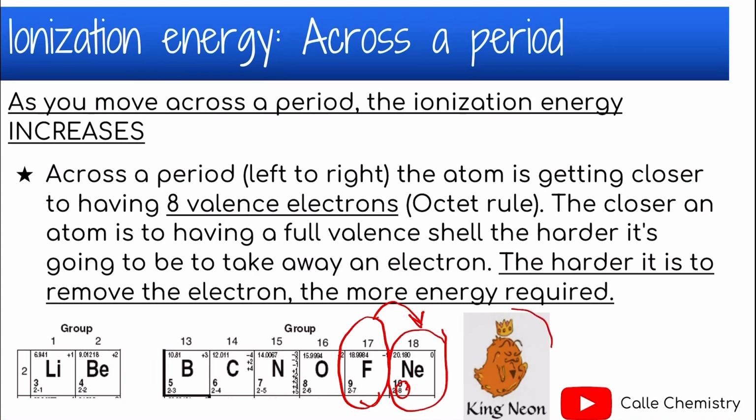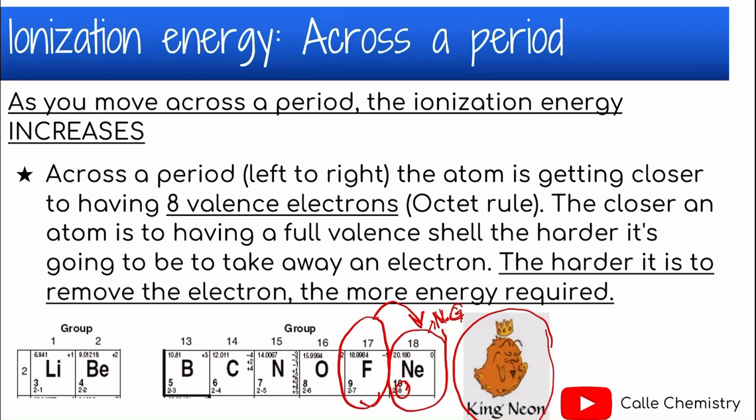And here we have a picture of king neon. The elements that we see in group 18 are called noble gases. And the reason that they are called noble gases is because they have 8 valence electrons. Everybody else that doesn't have 8 valence electrons wants to be like them. So that's why they are referred to as noble gases.